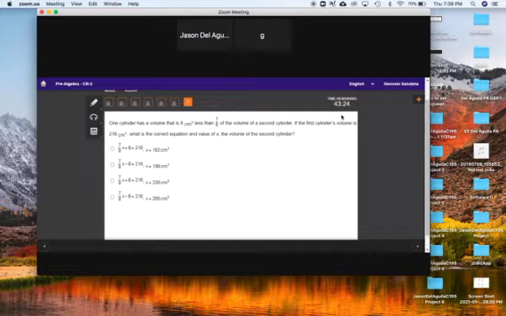If the first cylinder's volume is 216 cm cubed, what is the correct equation and value of x?